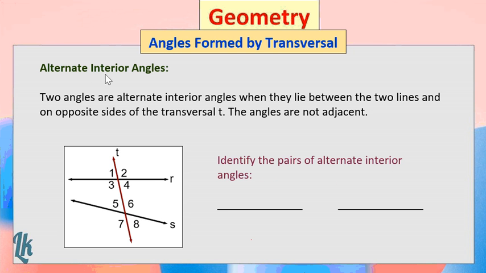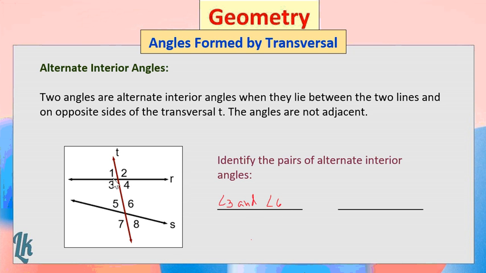Another pair formed by a transversal is called alternate interior angles. The alternate interior angles lie between the two lines. They are on the opposite sides of the transversal and they are not adjacent, which means they have different positions. For example, we have angle 3 and angle 6.